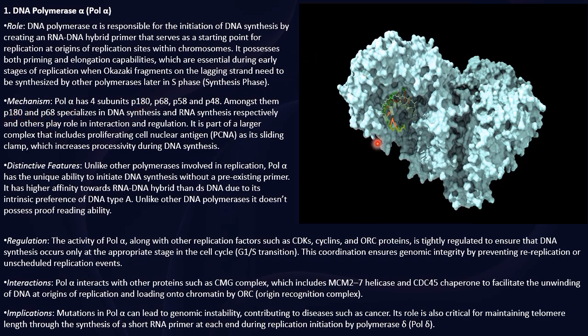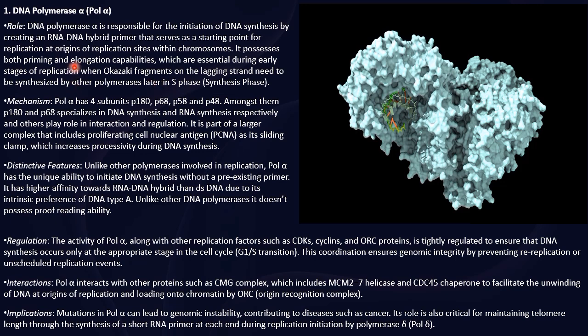That is, P180 synthesizes DNA and P68 synthesizes RNA, and the others play a role in interaction and regulation, which means the P58 and P48 subunits interact with other replisome components like PCNA and RPA in order to increase their efficiency or processivity.